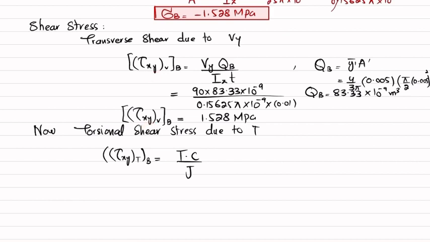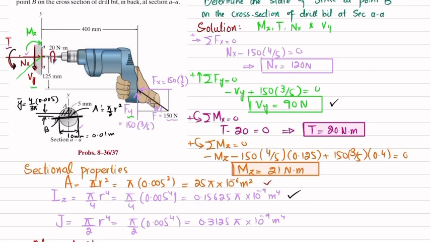Here we have taken both as tau of xy. The reason is that this torque is about the x-axis, and this vertical shear is along the y-axis, so that means tau of xy.